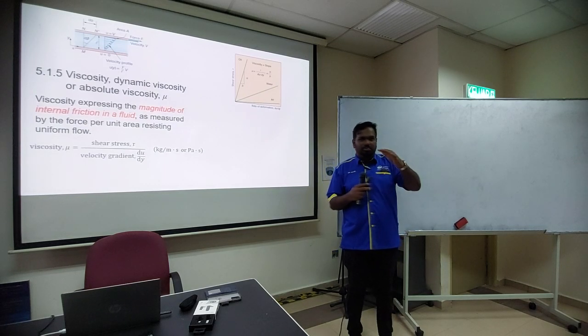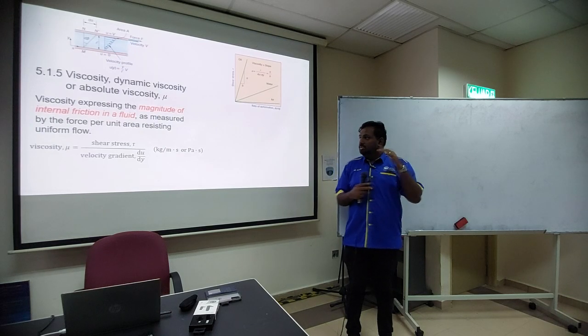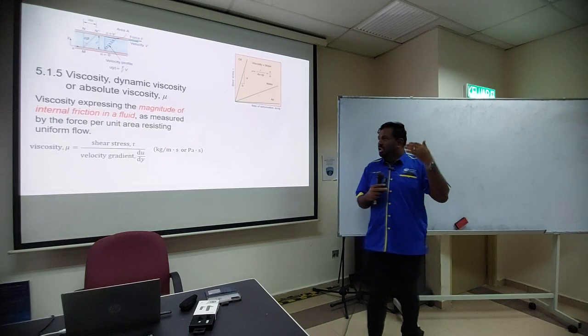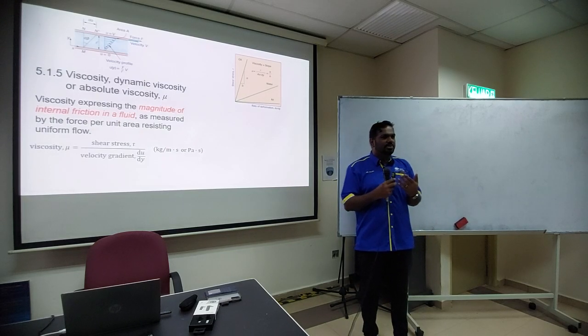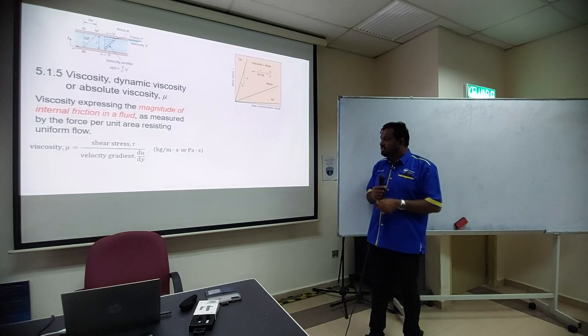When you have a flow of water inside the pipe, there is friction inside, and the friction will try to slow down the flow. That is what we call viscosity.